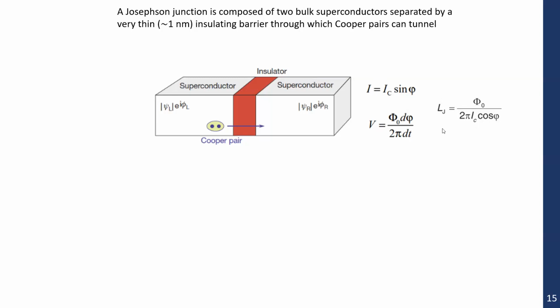It is a formula that resembles the voltage drop across an inductor. So it turns out that this element can be described as an inductor whose inductance depends on the quantum phase, which in fact depends on the current. This is the nonlinear inductance. So a Josephson junction can be described as a nonlinear inductance.